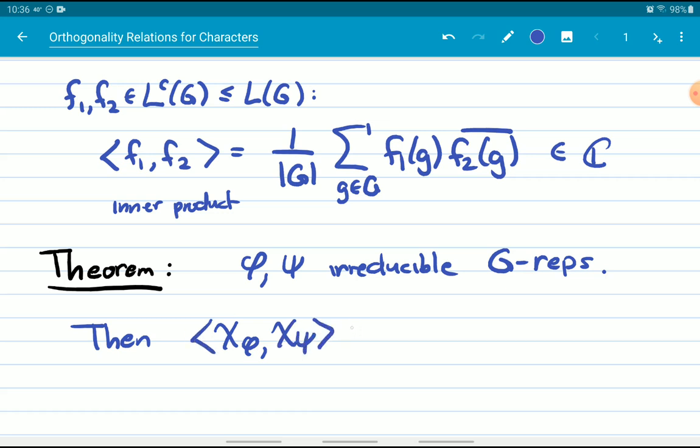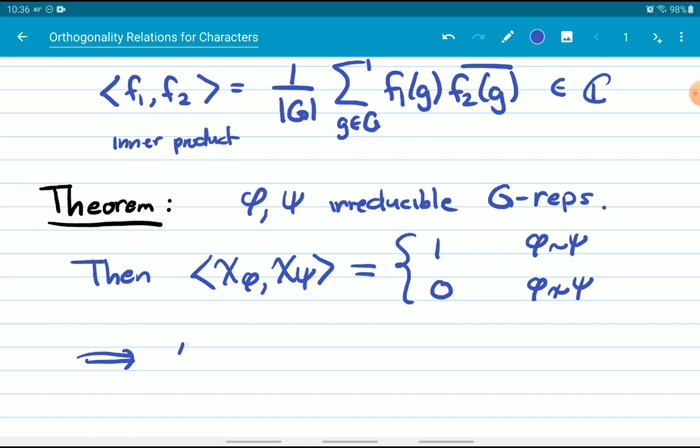That's going to be a complex number, but there's a formula for it. It turns out that's going to be either 1 or 0. It'll be 1 if they're equivalent irreducible representations, and it will be 0 if they're inequivalent irreducible representations.